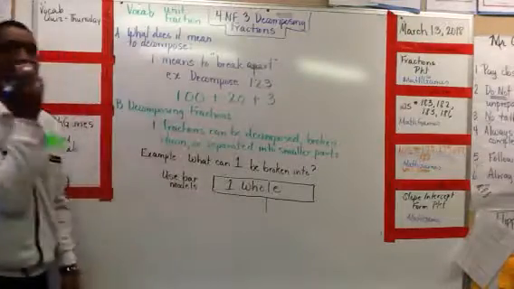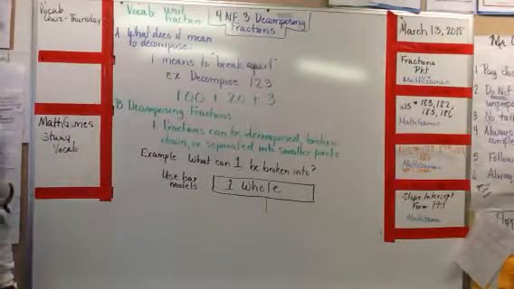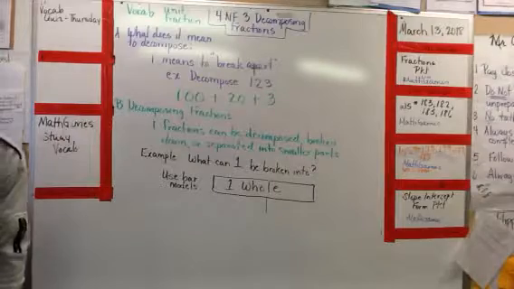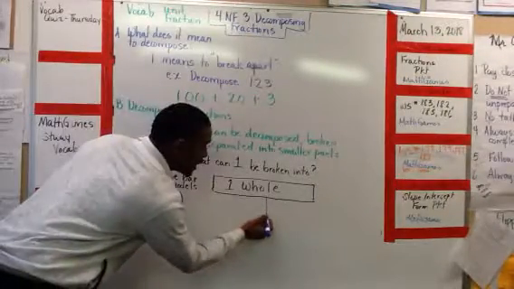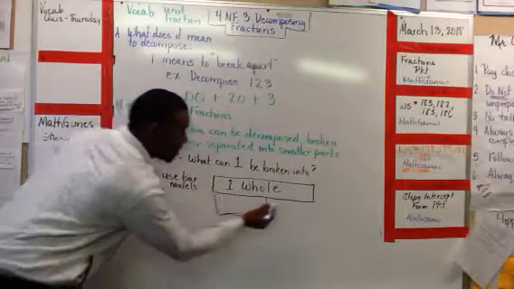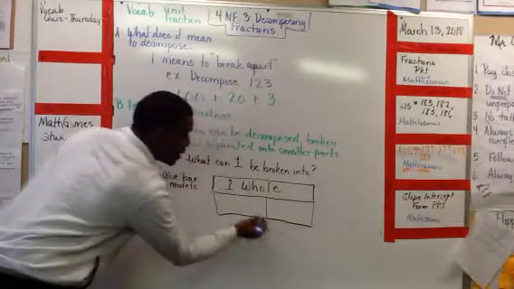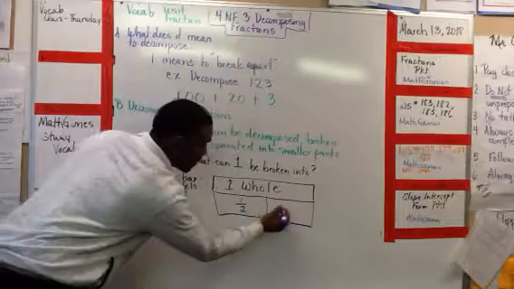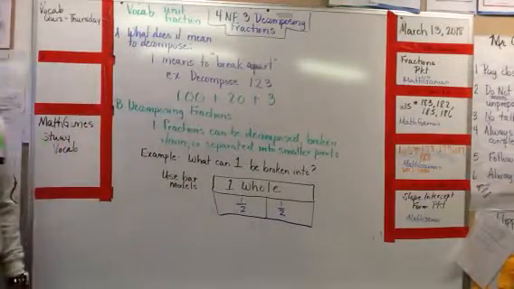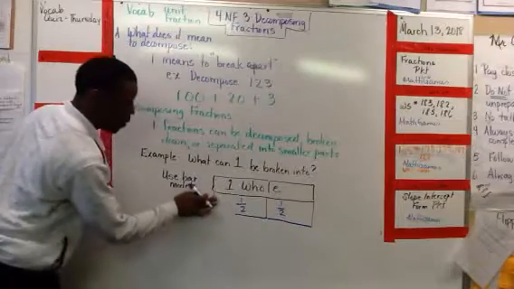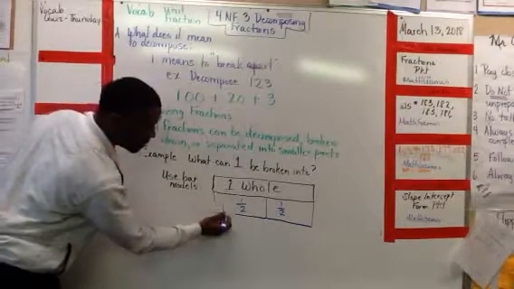How many parts will one whole break into? Well, what's my denominator? 2. So how many parts do I need? 2. Each part equals what, Kenna? Half. 1/2. So it takes 2 of these to make one of those. You agree?